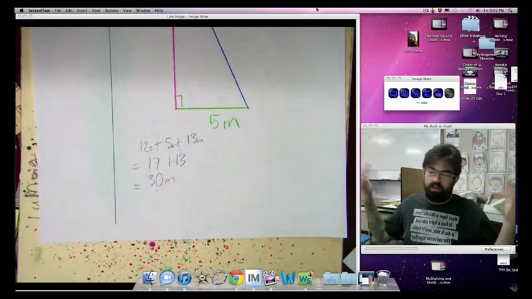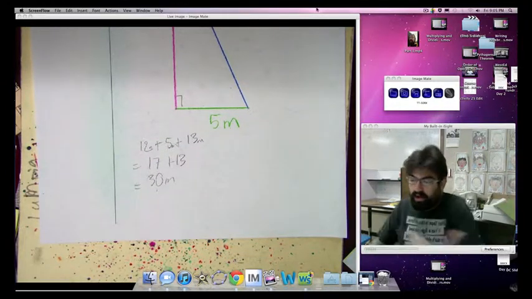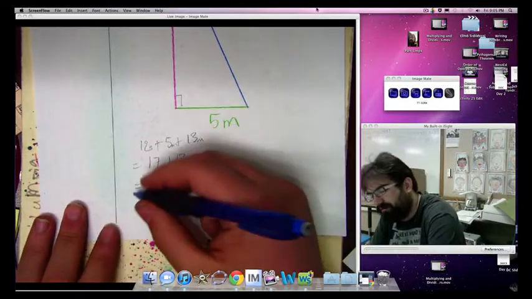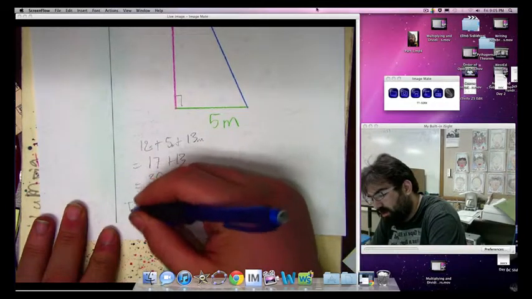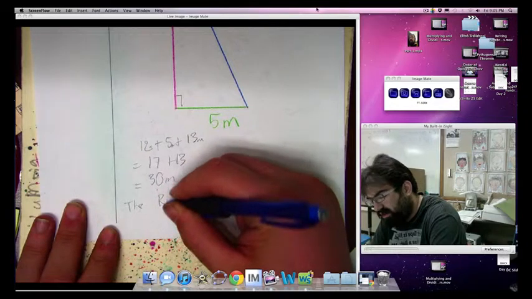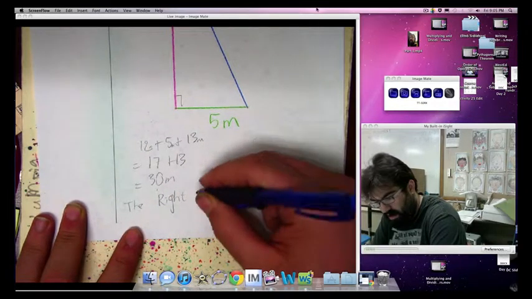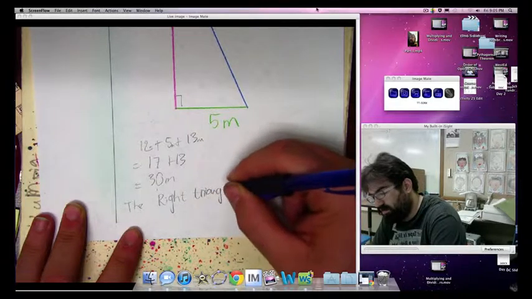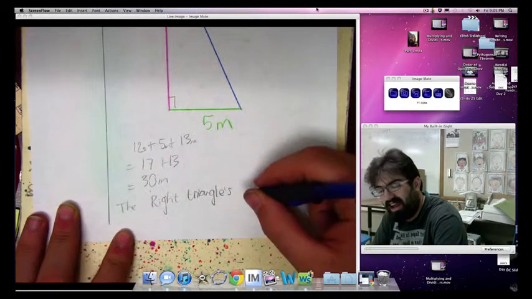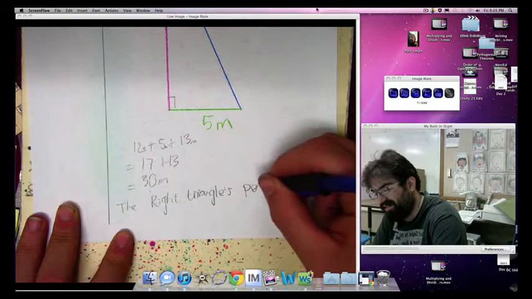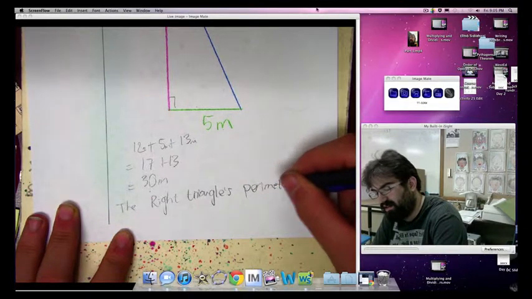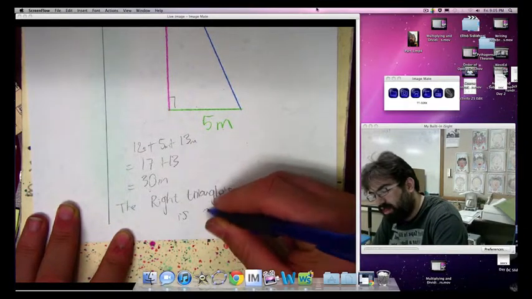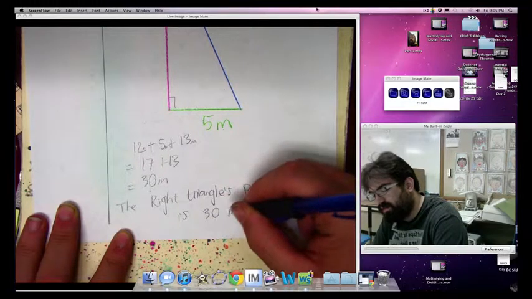It's up to you, and it's up to whoever your teacher is, what they want. But I personally don't do that. The right triangle perimeter is 30 meters.